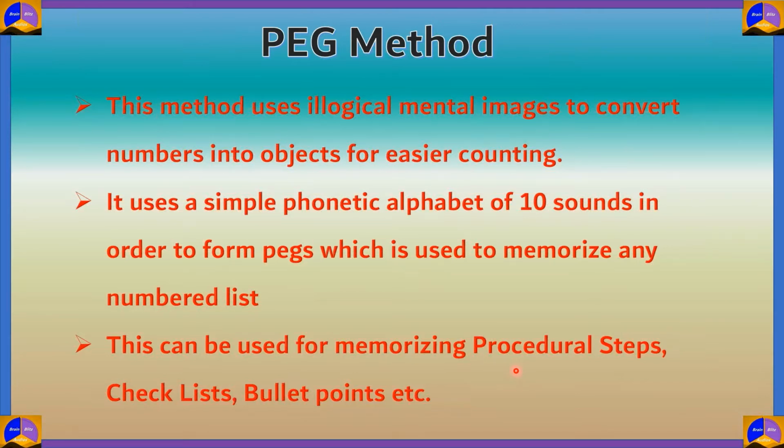Similarly, you can do that for step 2, and for steps 3, 4, 5 until the number of steps that you have in total, and it will come back to you automatically while you're doing the experiment. If you go over your PEG words, you can remember which step means what and where you should apply that step. So that is the reason why the PEG method is important. It is needed in order to memorize ordered lists in an easy way.